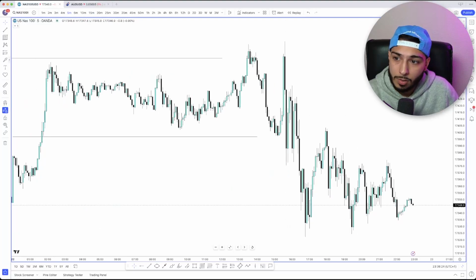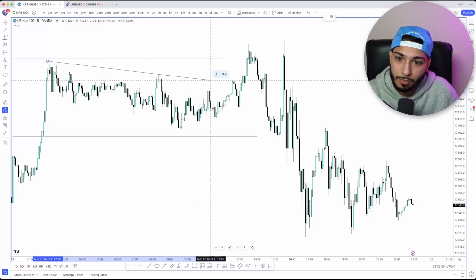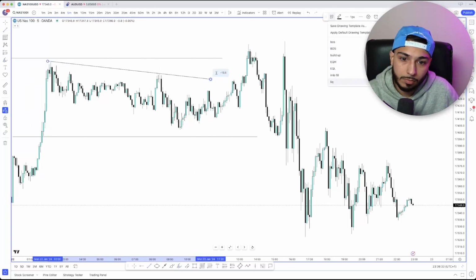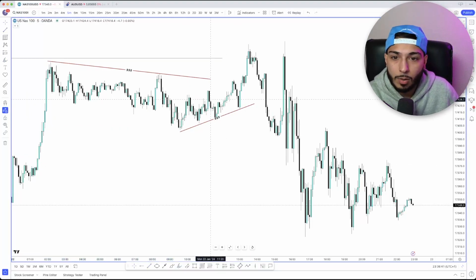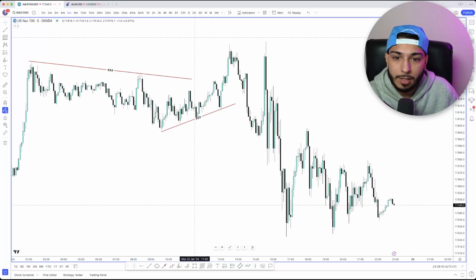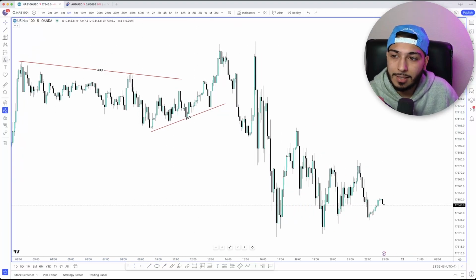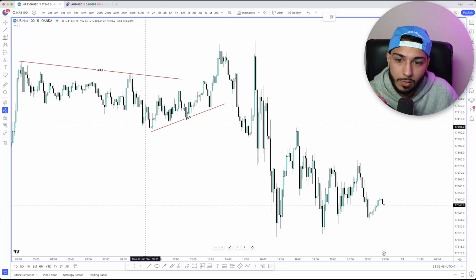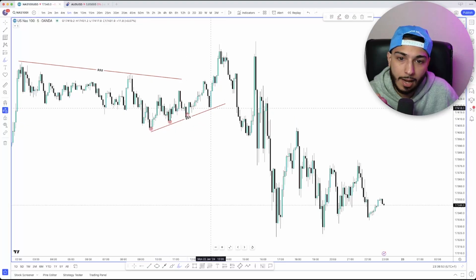So on NAS 100, what we see is that we have liquidity being built up above previous highs and previous lows as well. Now, because we've got liquidity all over the place, what we have to factor in is some key things in the sense of how price likes to move. As we can see right here, regardless of this time frame, we're making consistent higher lows and then a higher high.